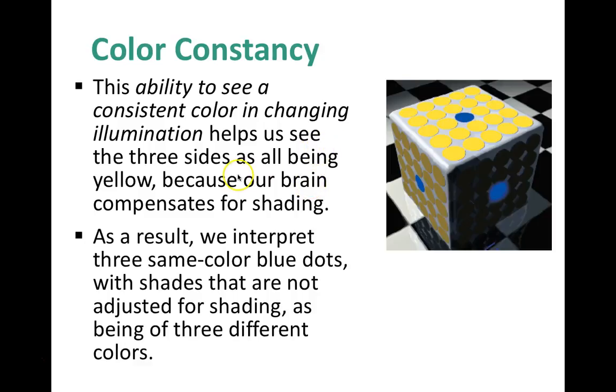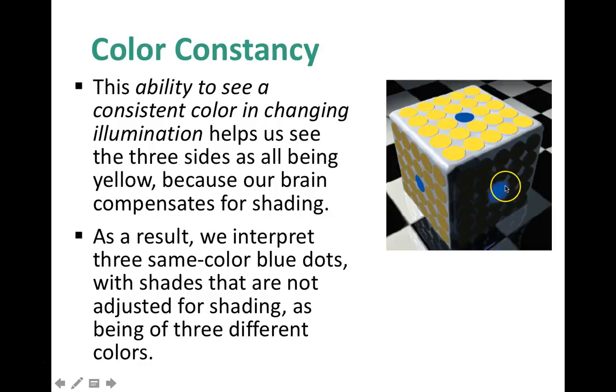So we interpret three same color blue dots, with shades that are not adjusted for shading, as being of three different colors. So here we can create an illusion. Our brain's telling us these yellows are all the same, these are all yellow.